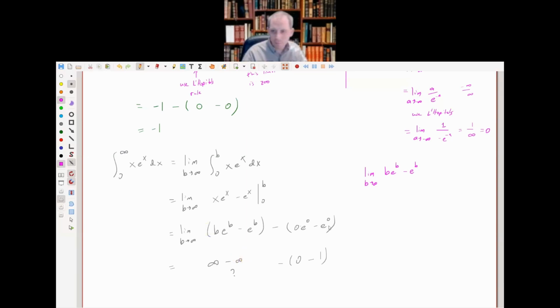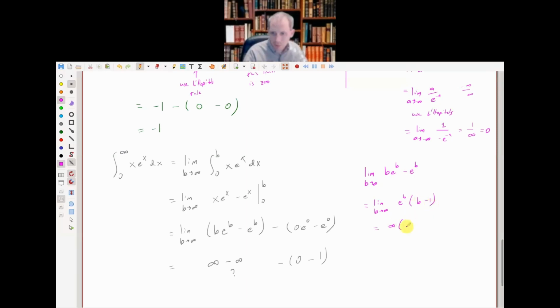To figure out this limit, what I'm going to do is factor out this e to the b. And then I have a b minus 1. I think at this point I can just plug in, because now instead of having infinity minus infinity, when I try to plug in, e to the b is going to go to infinity.